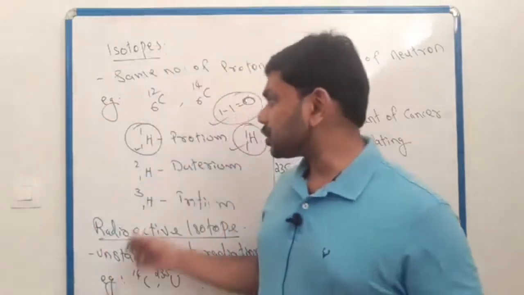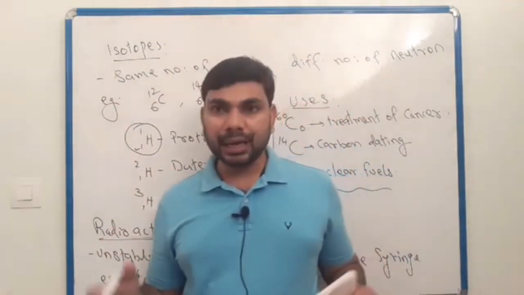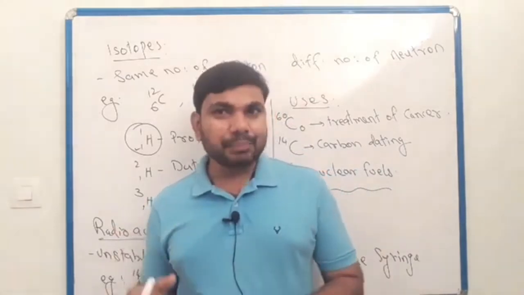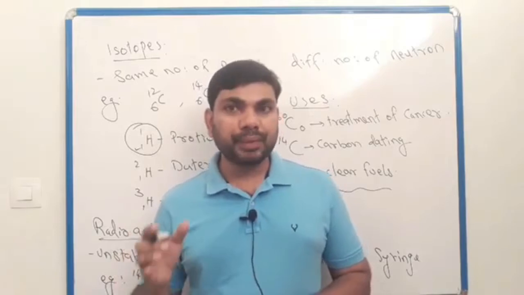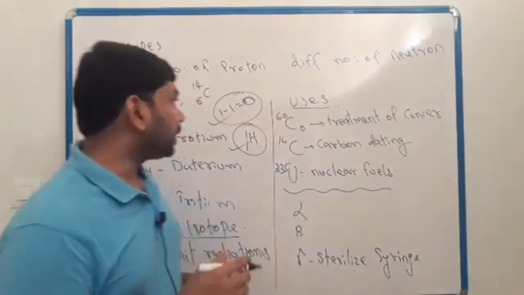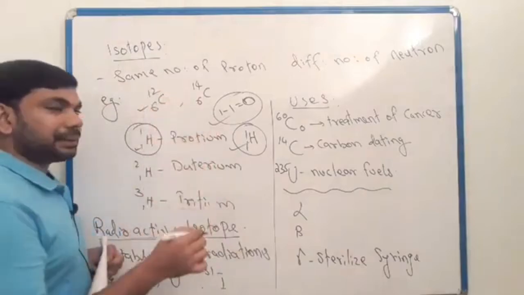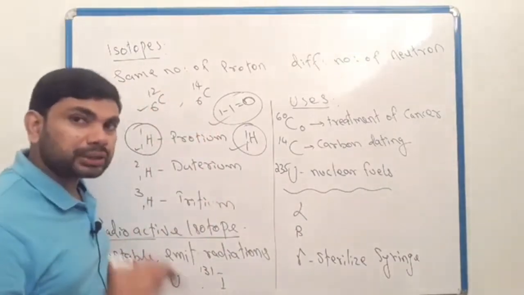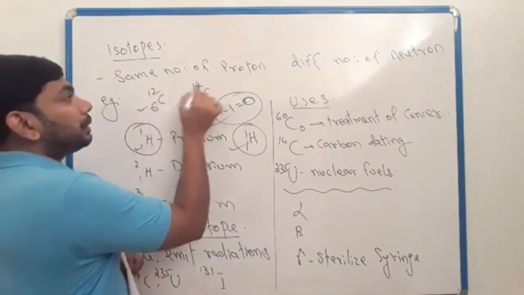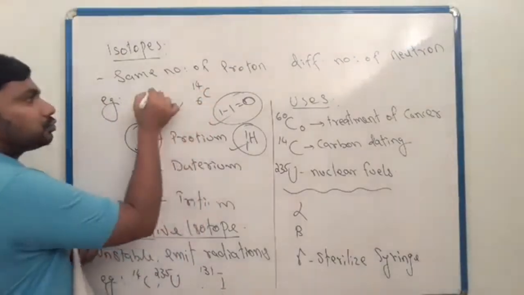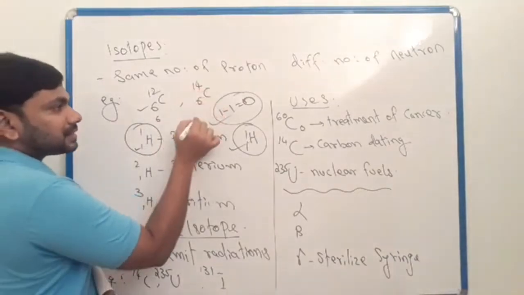Okay, so the definition of isotope: different atoms of the same element have the same atomic number but different mass number. So here atomic number is the same, or you can say proton number is the same. Atomic number and proton number are the same for isotopes, but the neutron number differs. Look here, 12 minus 6, neutron 6; 14 minus 6, 8.